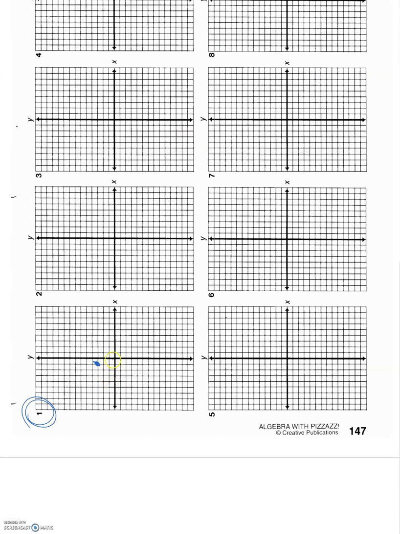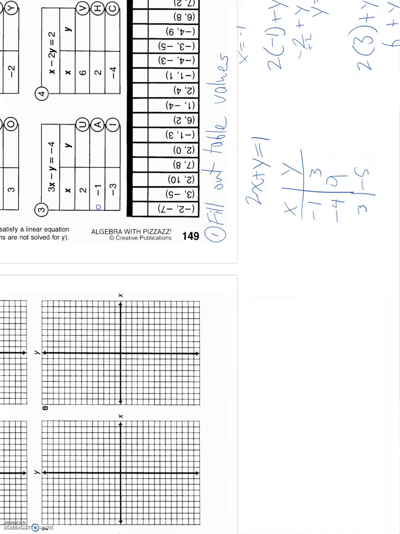So I go right, start here, and go 1, 2, 3, 4, up 9. 1, 2, 3, 4, 5, 6, 7, 8, 9. And so I put a point right here. Okay. So I got 2 points. Now I need one more just to make sure I'm getting a straight line here.